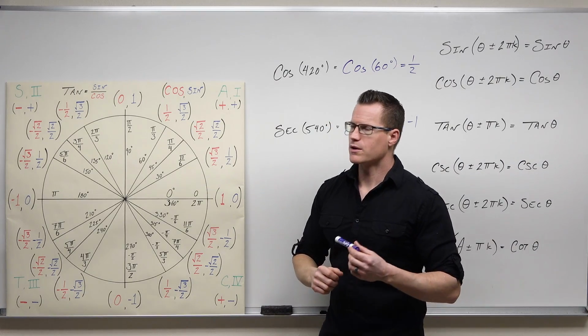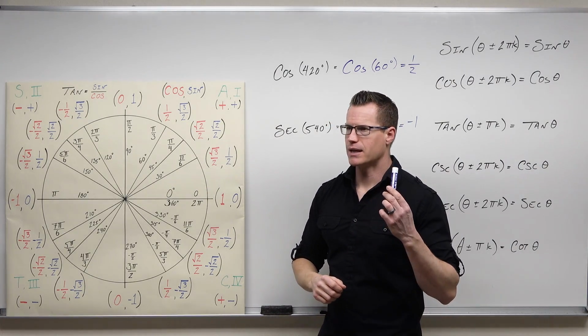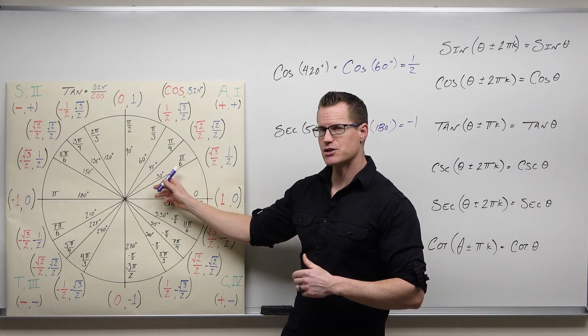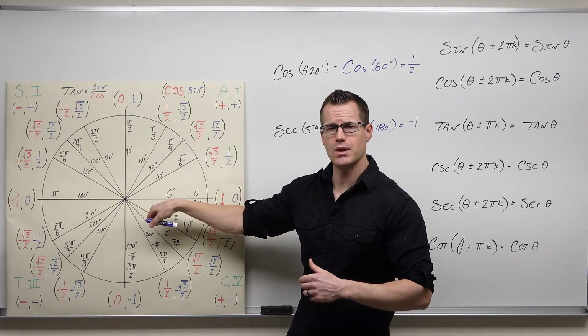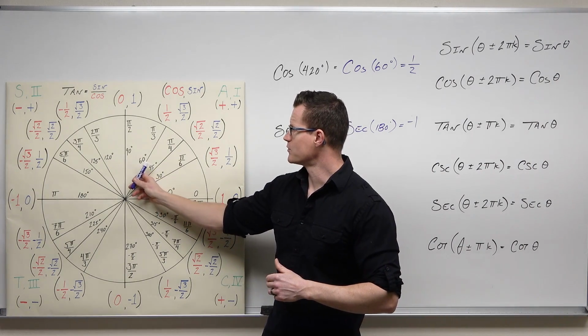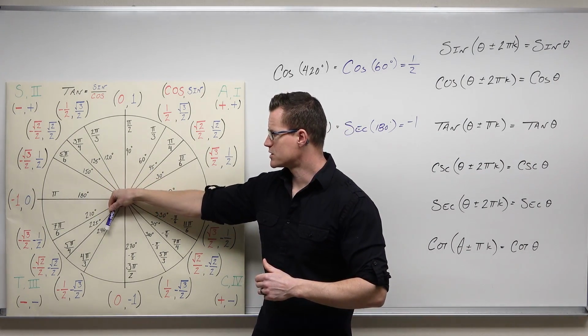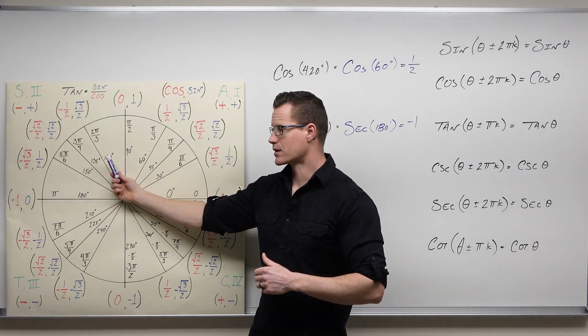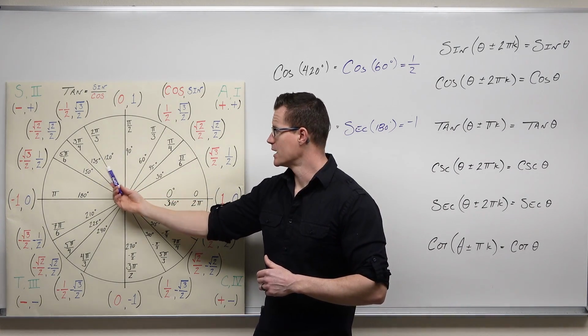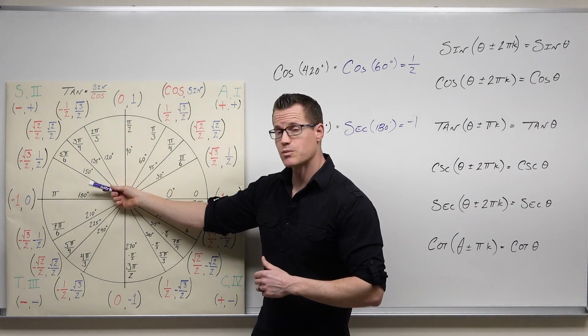Let's think about what if cosine is negative and tangent is positive? If cosine is negative and tangent is positive, what quadrant would you lie in? Cosine being negative would be either of these two. Why?